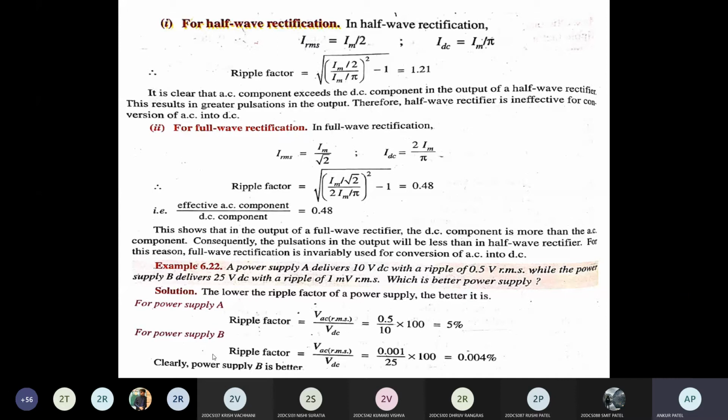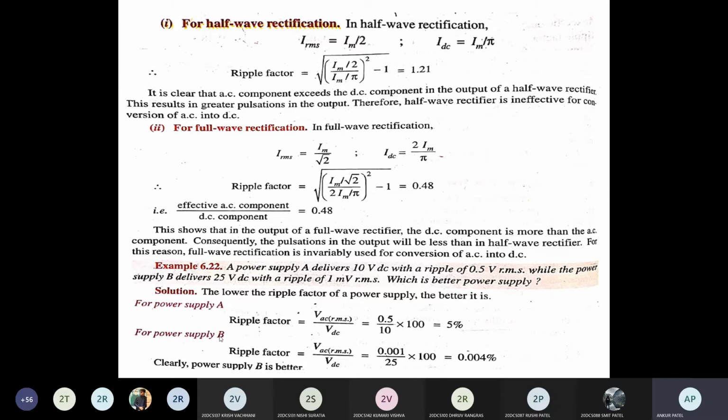For power supply A, ripple factor is V_RMS upon V_DC. For the first case, V_AC or V_RMS is given 0.5, divided by V_DC, which is 10 volt, into 100, so that is 5%.